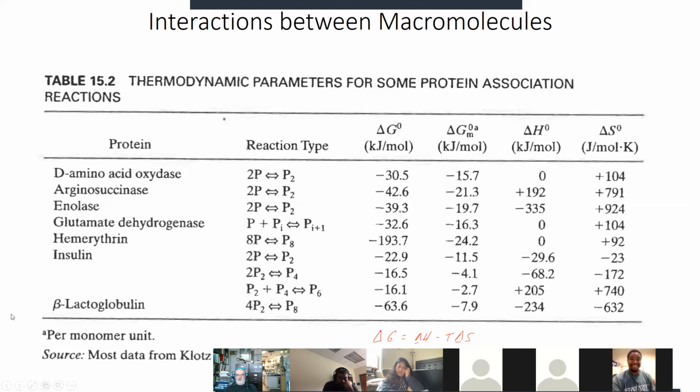Thank you. Okay. So what Van Holde is pointing out is these reactions can be various kinds of biochemical reactions involving proteins: monomer, dimer, monomer, hexamer, dimer, hexamer, stepwise, dimers, tetramers, hexamers, and they all have different combinations of enthalpy and entropy.